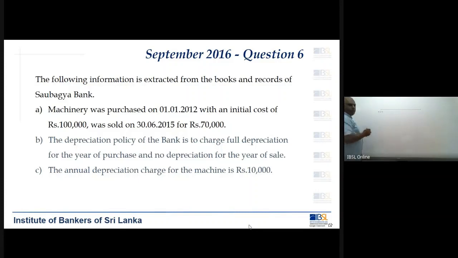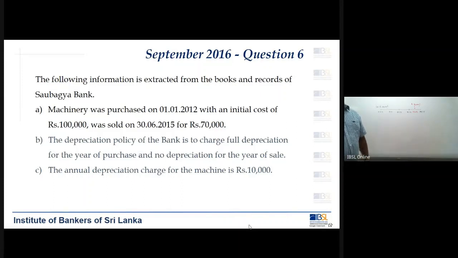Machinery was purchased on 1/1/12 at an initial cost of rupees 100,000 and was sold on 30th June 2015. And it has been sold for rupees 70,000.